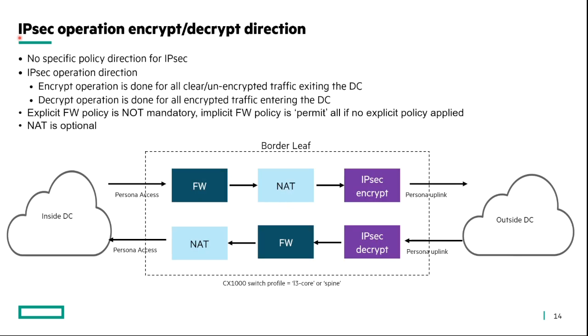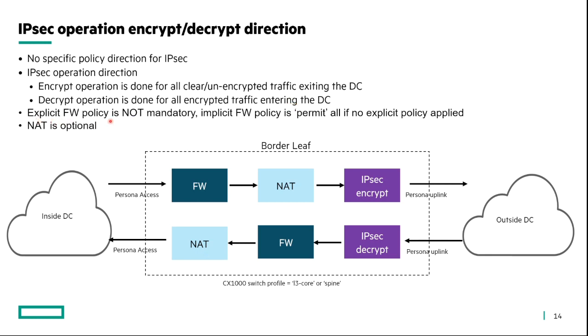A quick overview then of the IPsec option in a bit more detail for encrypt and decrypt directions. So there's no specific policy direction for IPsec. The IPsec operation is done for all clear unencrypted traffic exiting the DC, meaning that everything destined for the IPsec tunnel is encrypted, and likewise the decrypt operation is done for all encrypted traffic entering the DC, which is effectively leaving or exiting the encryption tunnel.